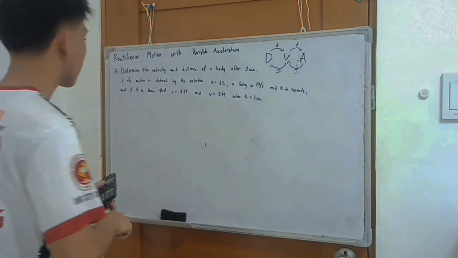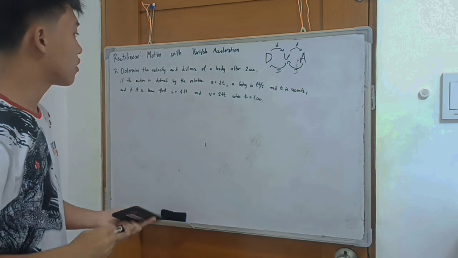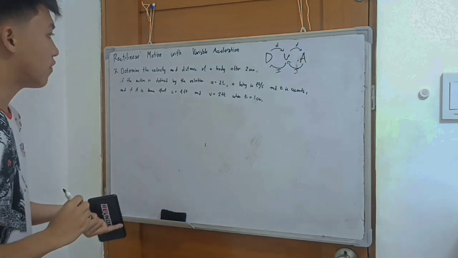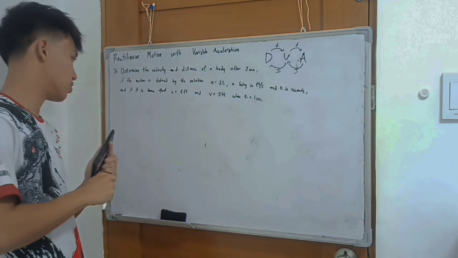So the question is, find the velocity and distance of a body after 2 seconds.